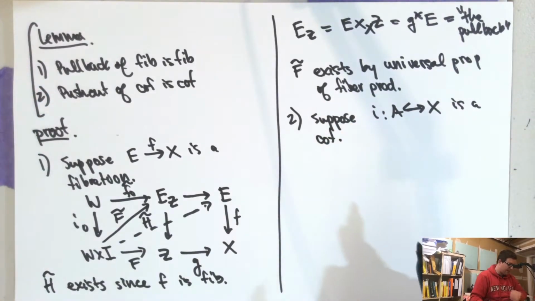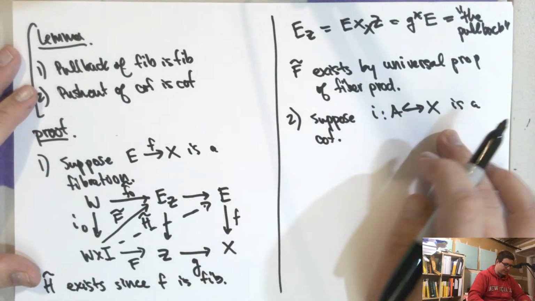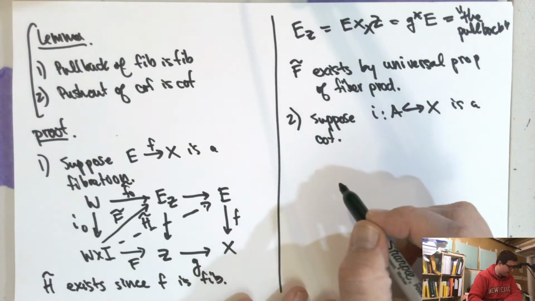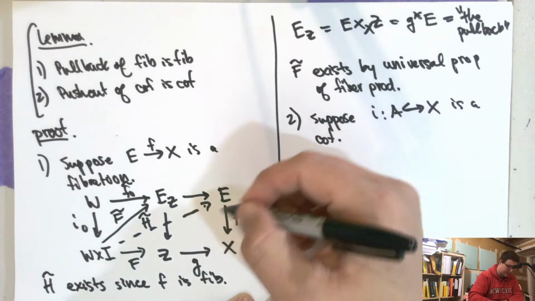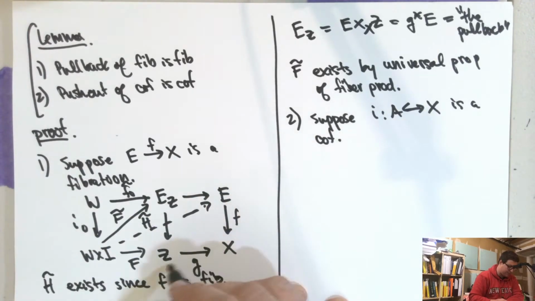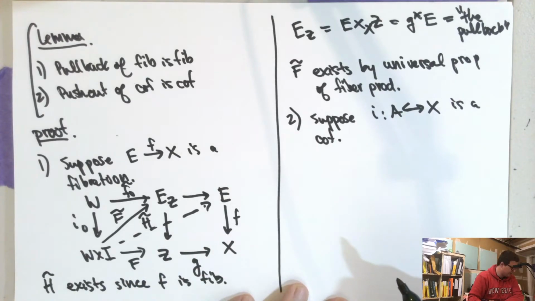Then we need to conclude that the pushout is a cofibration. So suppose this is a cofibration, and we're going to take a map that we push out by. I guess we could call it G2.